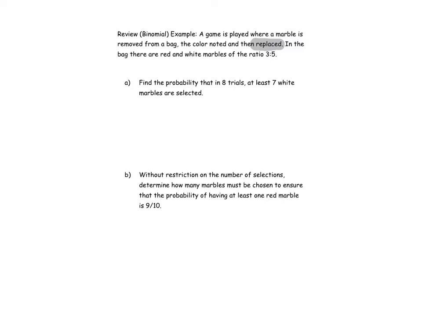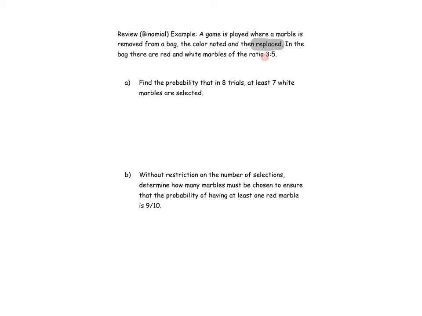In the bag there are red and white marbles of the ratio 3 to 5. So we could say that there's 3 red marbles to every 5 white marbles. So the ratio of white would be 5 to 8 or 0.625, whereas the ratio of red would be 3 to 8 or 0.375.